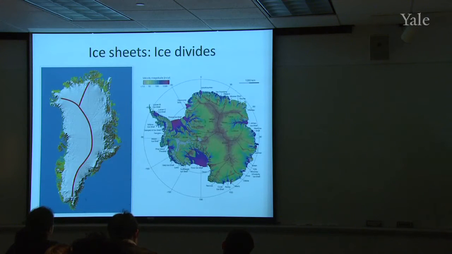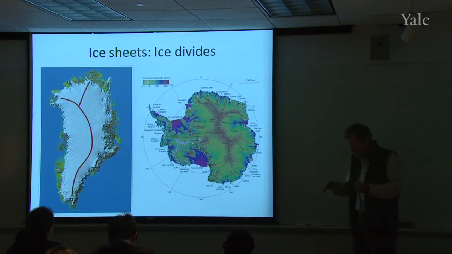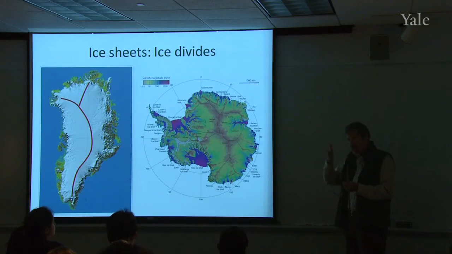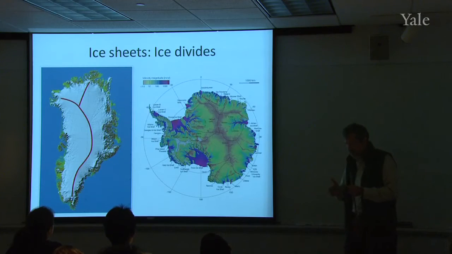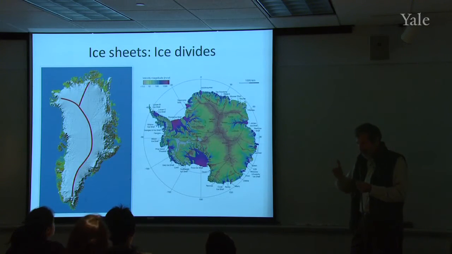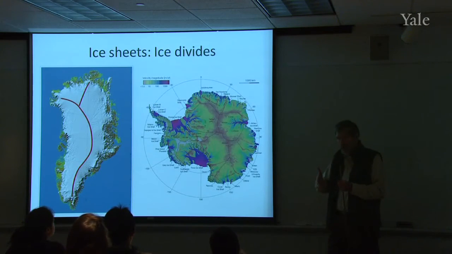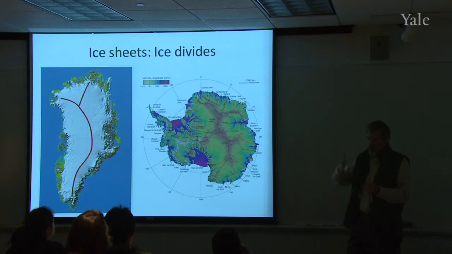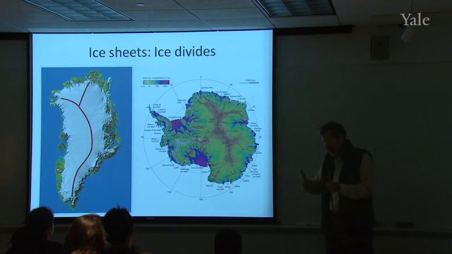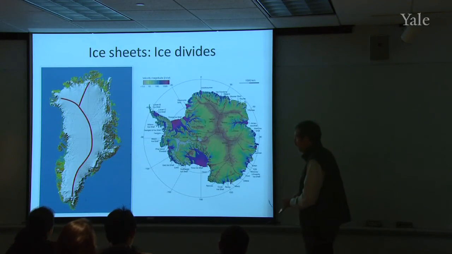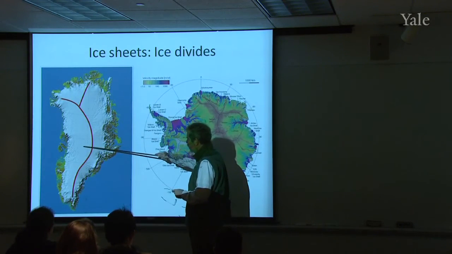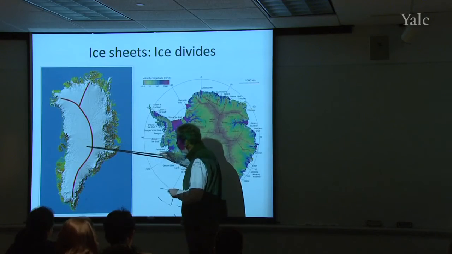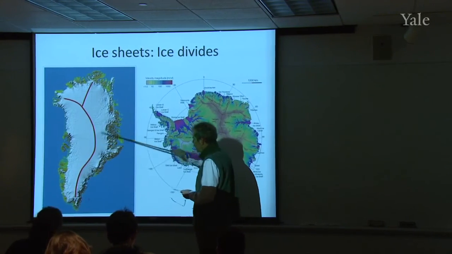You can imagine then, if you have this spreading going on, there has to be some kind of a divide. Just like when we did the river trip, we understood that there is a divide between watersheds. Rain that falls on one side goes into one river, rain that falls on another side goes into another river. The same is true with ice. It's called an ice divide, so that a snowflake that falls here will end up being squeezed out towards the west coast of Greenland.